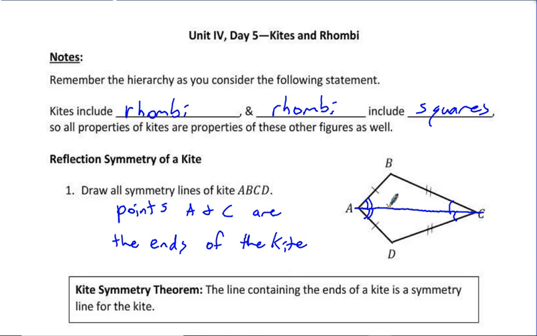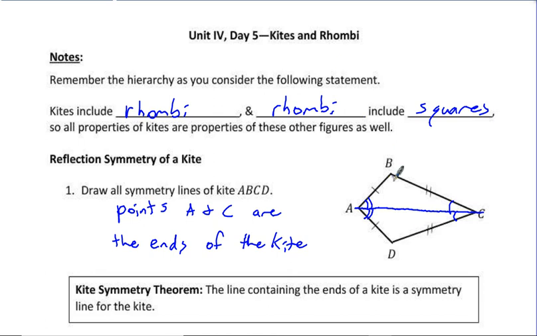What else do we know about this kite if line AC is a symmetry line? You might say that angle B is congruent to angle D, and that would be correct.